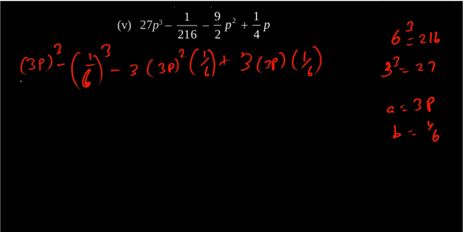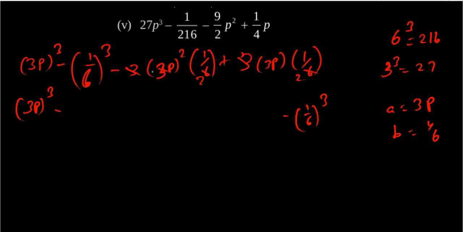So if we substitute here, we are getting this one. Now we cancel this 6 and the 3. Sorry, this is square, so we'll cancel the outside 3. So we'll get 3 square p, and this 6 and 3 also we can cancel. So that we are getting (3p) the whole cube minus (1 by 6) the whole cube.